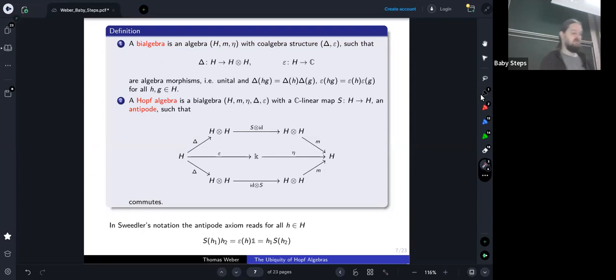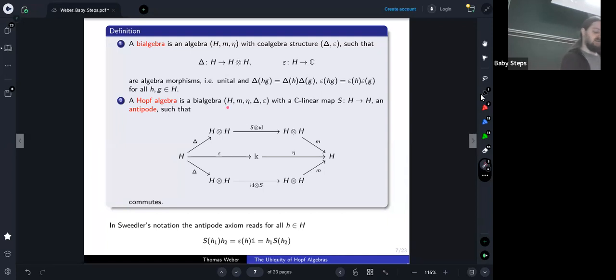Good. So this is basically just saying that you have an algebra and a co-algebra structure, but they are speaking to each other. It's not that they are independent. This is what this definition says. Secondly, we have our definition of a Hopf algebra.